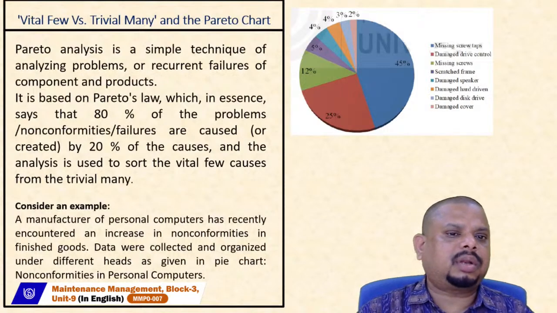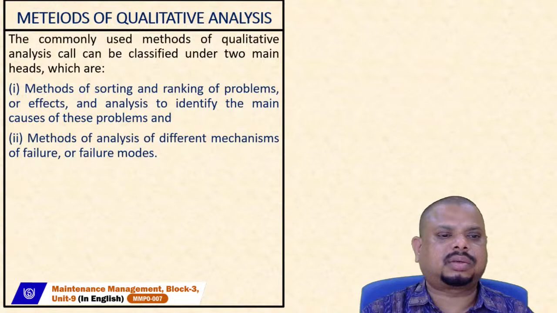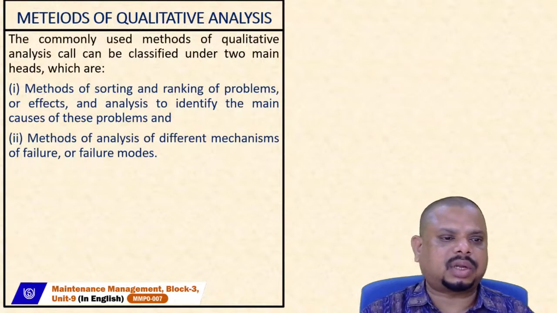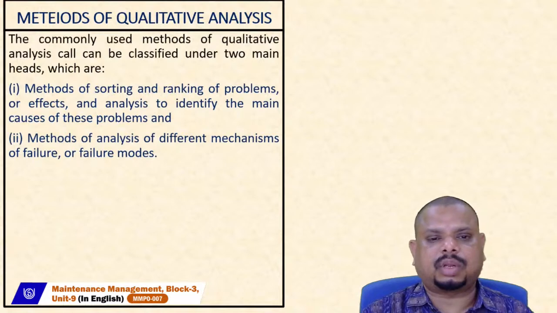So here what will happen? In understanding the previous one, that means methods of qualitative analysis, we have to focus on the first one, the method of sorting the data and ranking the data in ascending and descending orders, or analysis to identify the main causes of problems.